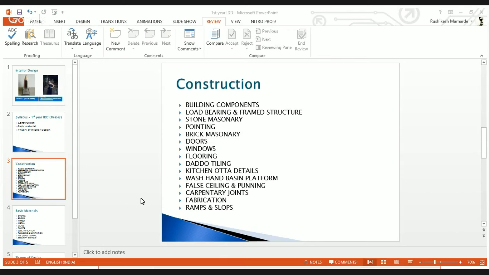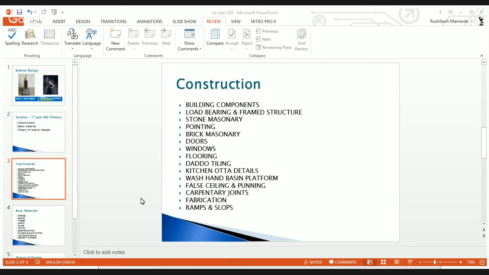It is the base. Until and unless you know the basics, how can you go for the further things? Interior designing comes later. First the construction of the building comes, then walls get constructed, the structure, and after that the parts of interior come into business.